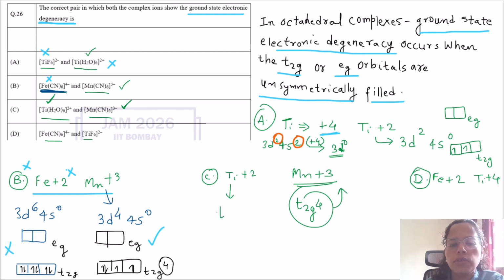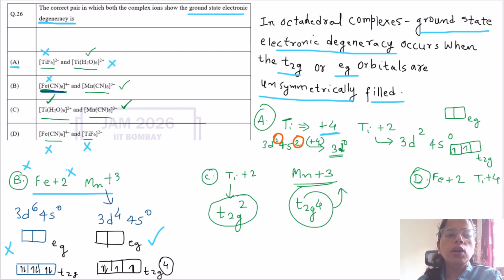And for titanium +2 it is T2G2, again an unsymmetrically filled T2G. Now what about option D, Fe(CN)6 4-? In option B we saw Fe(CN)6 4- does not show electronic degeneracy. And TiF6 2- in option A also does not show electronic degeneracy.